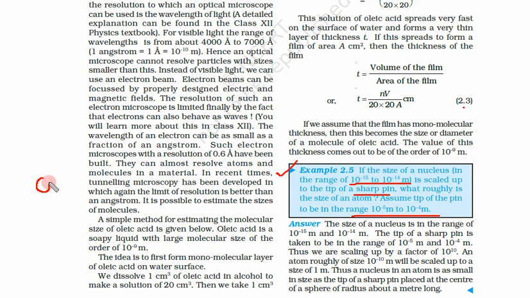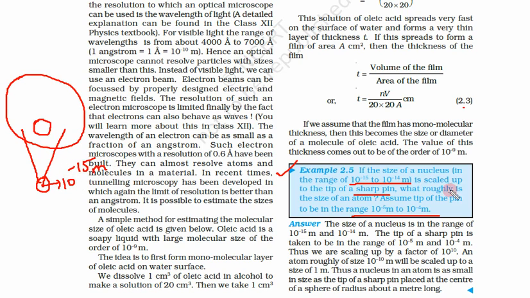Suppose this is our atom and this is our nucleus. Now we are using a microscope, and with the help of that microscope we have zoomed it. So let us zoom it. After zooming we see that the nucleus has become this much bigger. Then what would be the size of the atom? We have to estimate the size of the atom. The size of the nucleus is 10 to the power minus 15 meter.